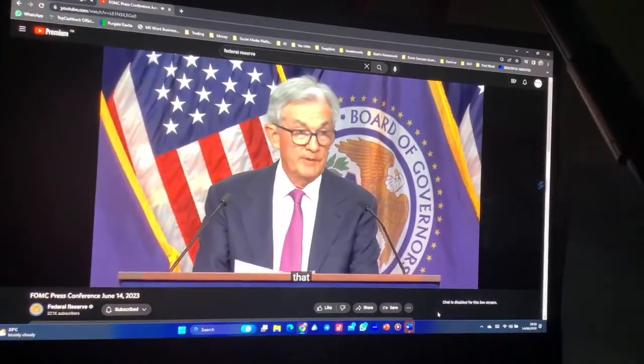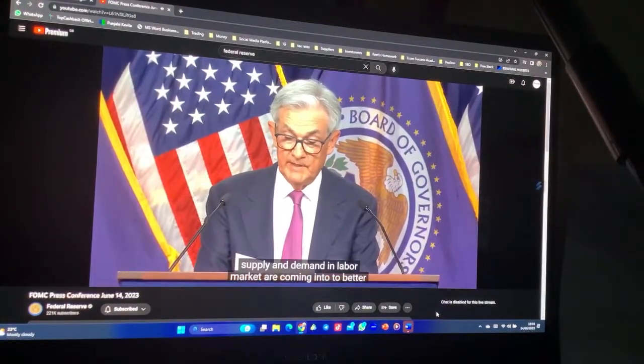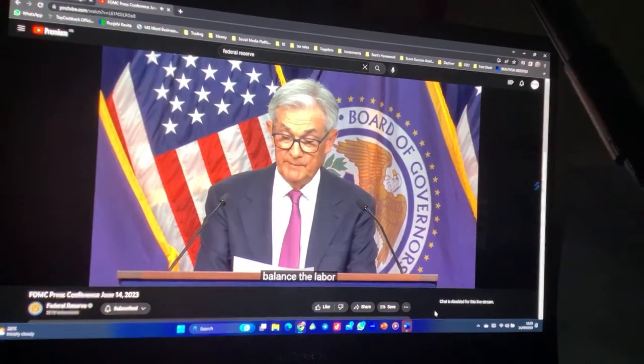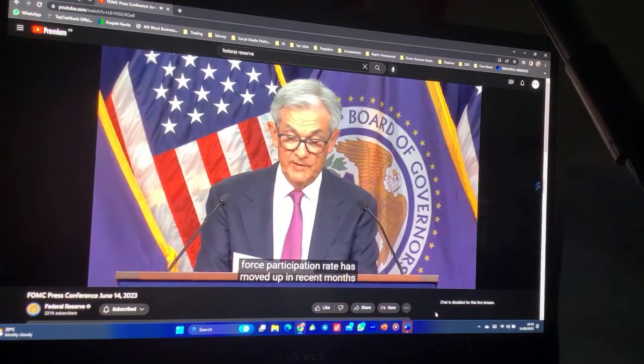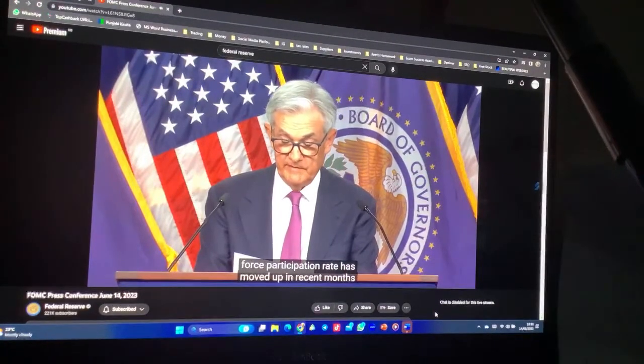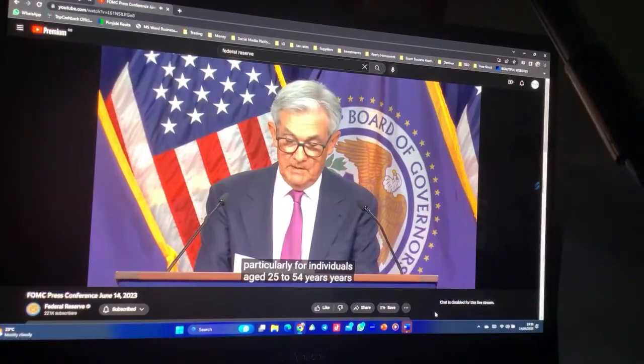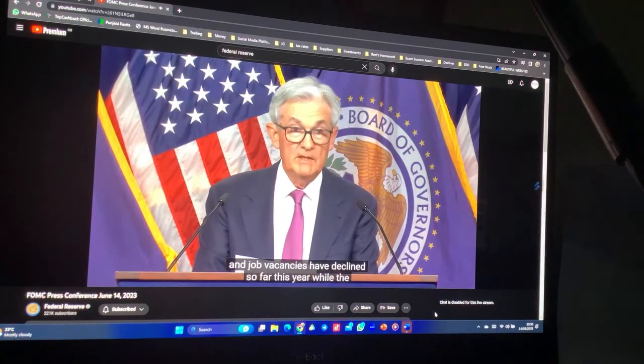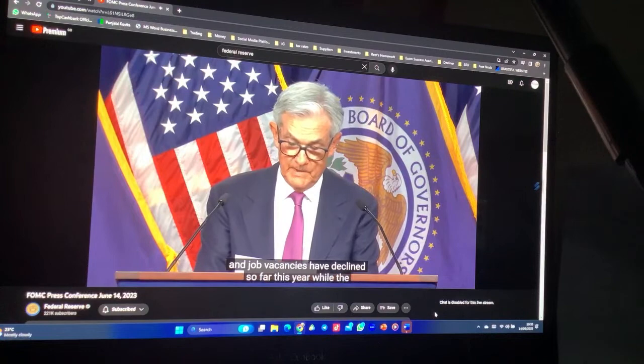There are some signs that supply and demand in the labor market are coming into better balance. The labor force participation rate has moved up in recent months, particularly for individuals aged 25 to 54 years. Nominal wage growth has shown signs of easing, and job vacancies have declined so far this year.